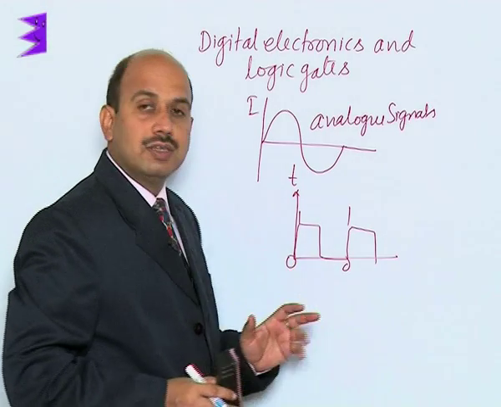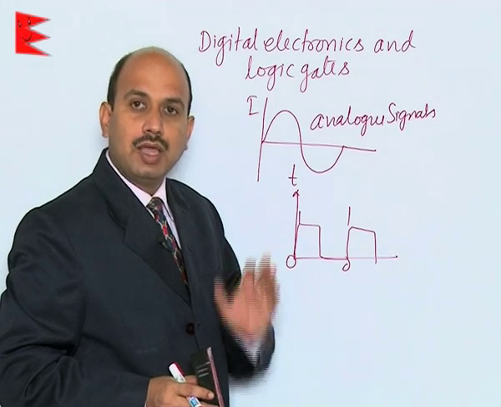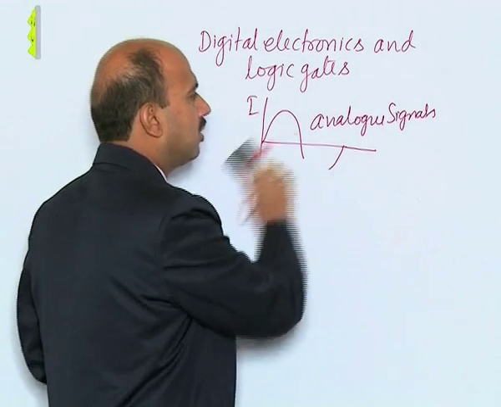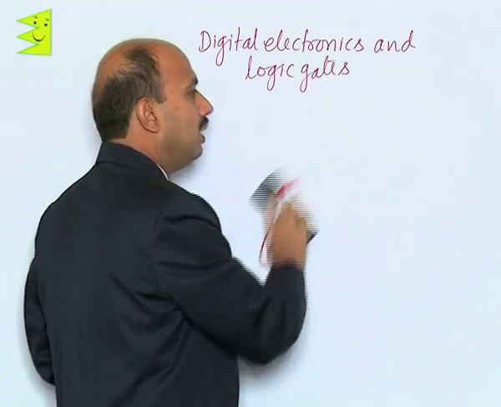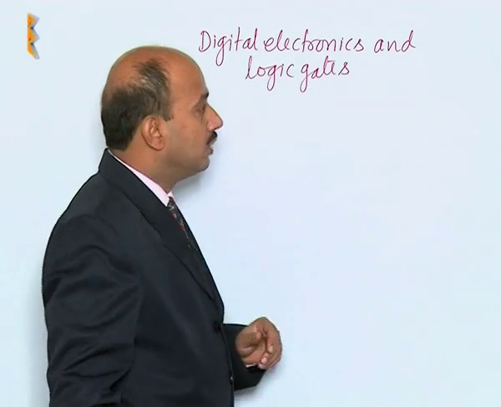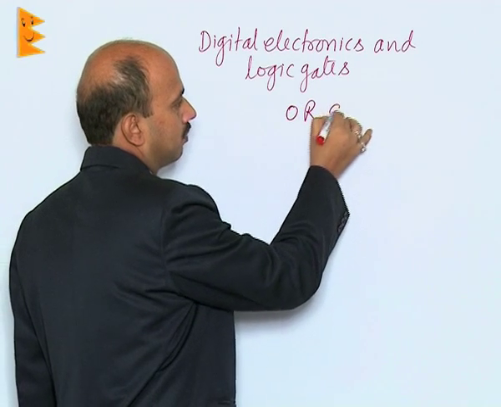As I have told in the starting, logic gates work on a certain logical relationship between the input and output voltages. There are three basic logic gates, but here we will actually be doing 5 types of logic gates. The first logic gate we take is called the OR gate.